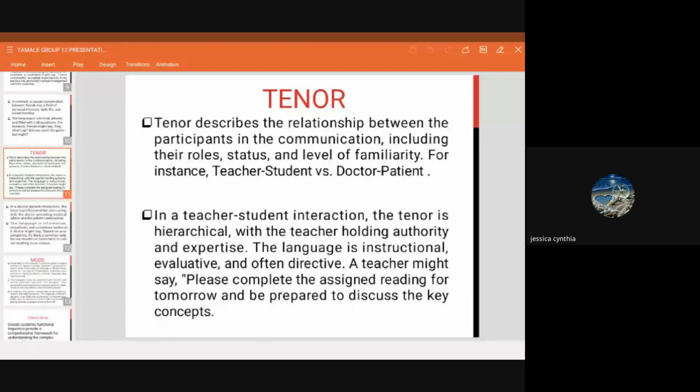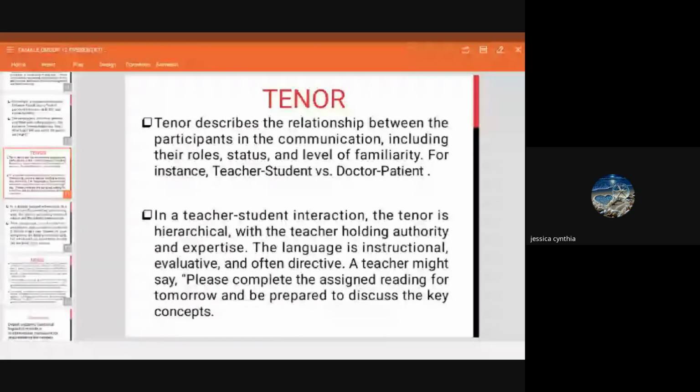Tenor describes the relationship between the participants in the communication, including their roles, their status, and level of familiarity. For example, a teacher versus student, or a doctor versus a patient.